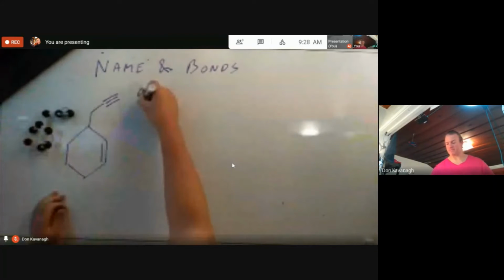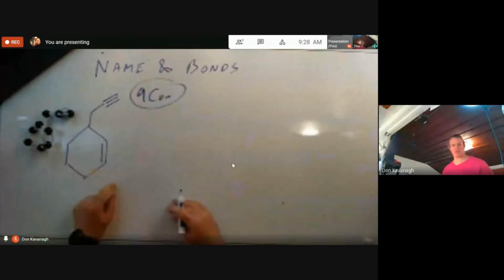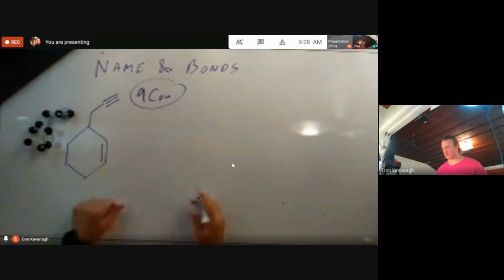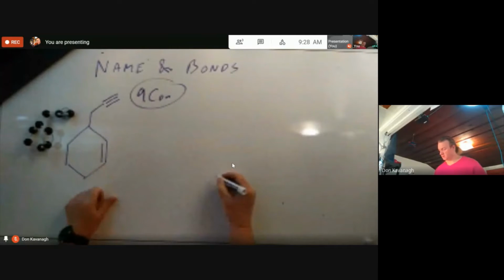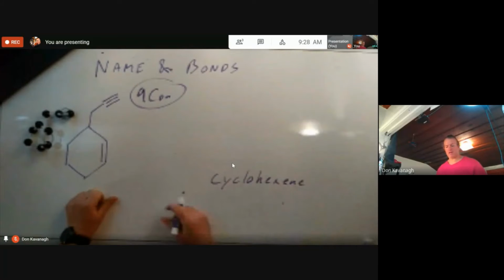Got to remember that. The most interesting thing in our structure is the cyclic molecule right here, and it is a cyclic ene. So cyclo, 6 carbons: cyclohexene. Now, when telling the reader where this double bond is, we have to give it a locant.